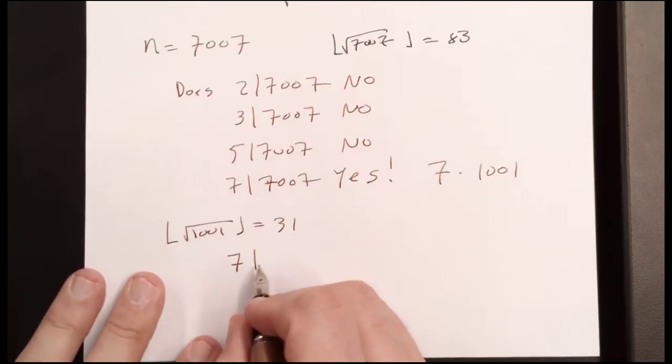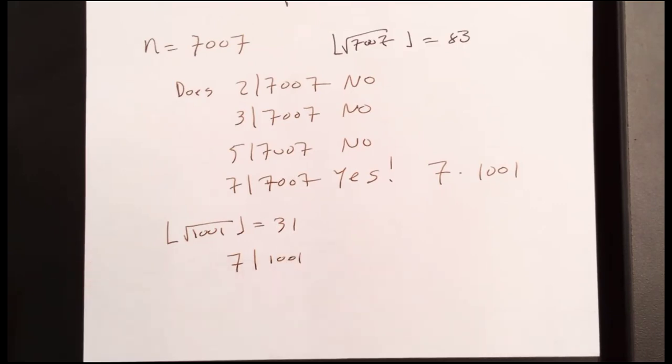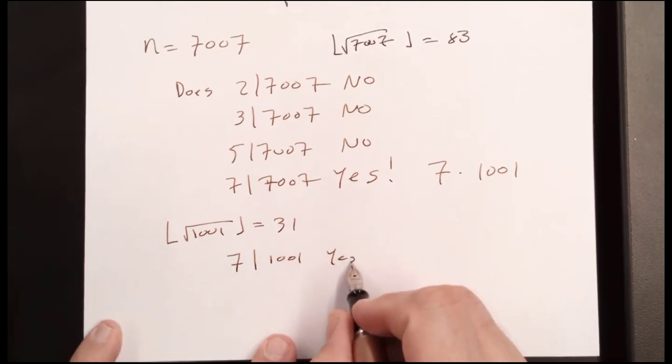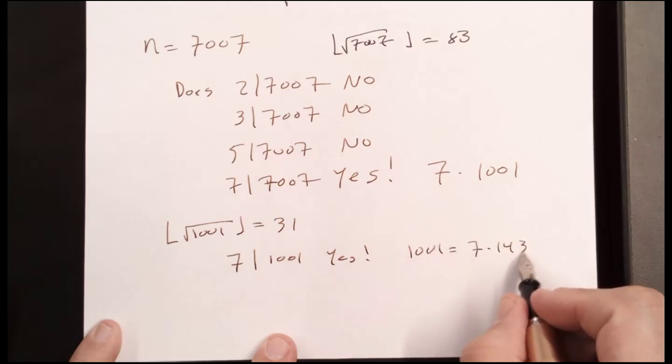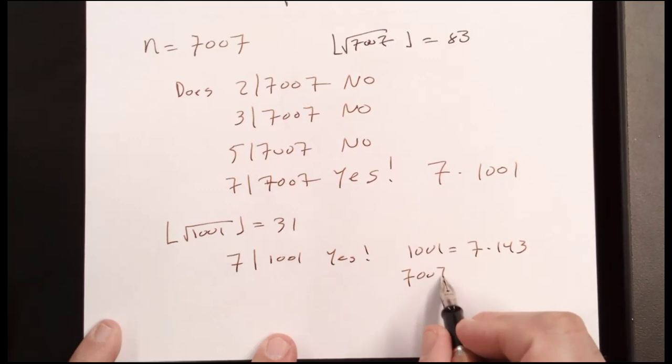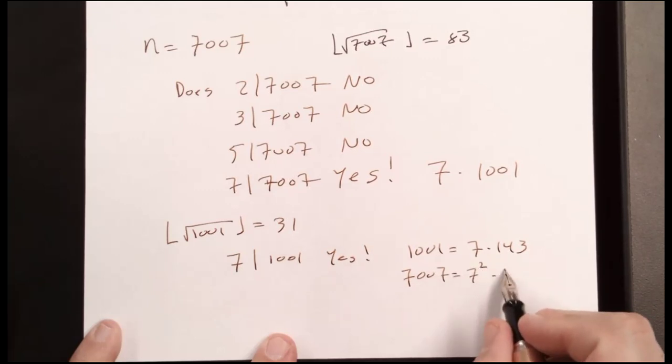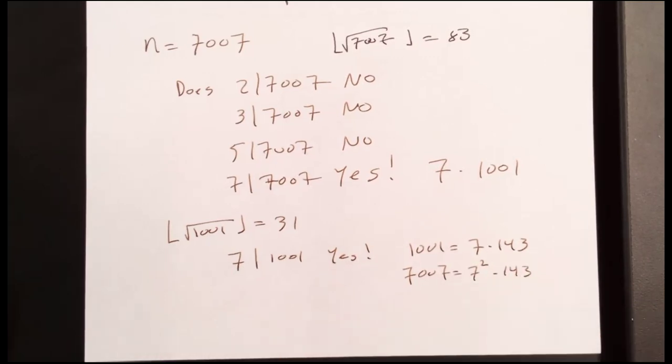Does 7 divide 1,001? Lo and behold, it does. 1,001 is 7 times 143, which means 7,007 is 7 squared times 143.